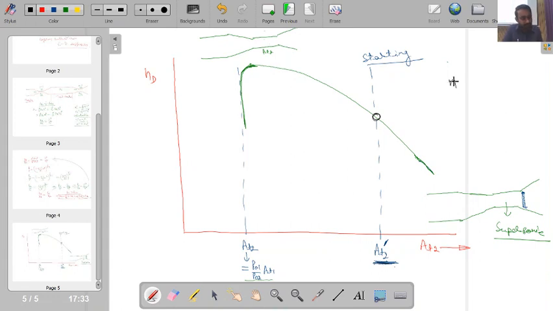So typically the efficiency of a diffuser is a function of many parameters. One is the ratio of A2 by A1. Second important function is desired Mach number.